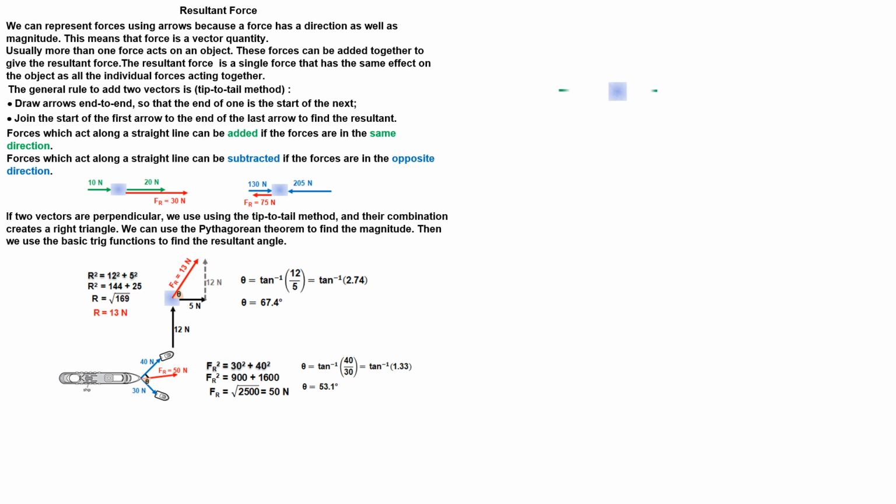Now, let's consider the case in which a body is subject to four forces as follows. We choose a set of axes whose origin is the body in question and draw all the forces on the body. We can sum all the four forces using the component method.